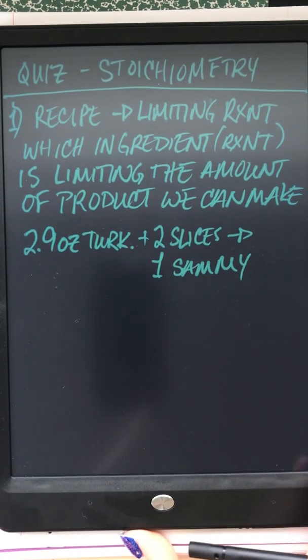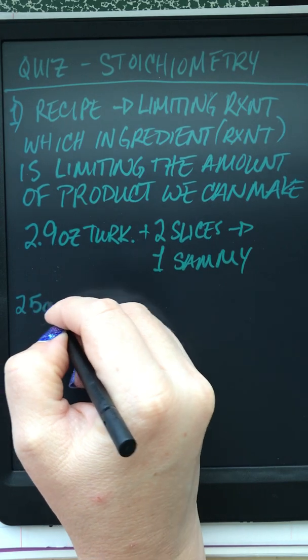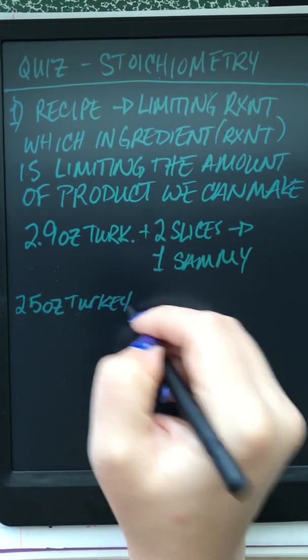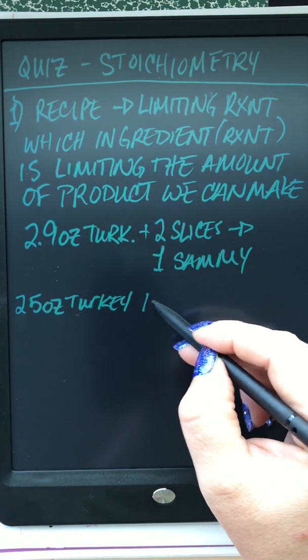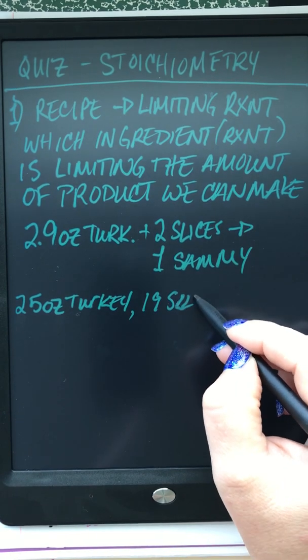And the information that we're given is that we have 25 ounces of turkey and 19 slices of bread.